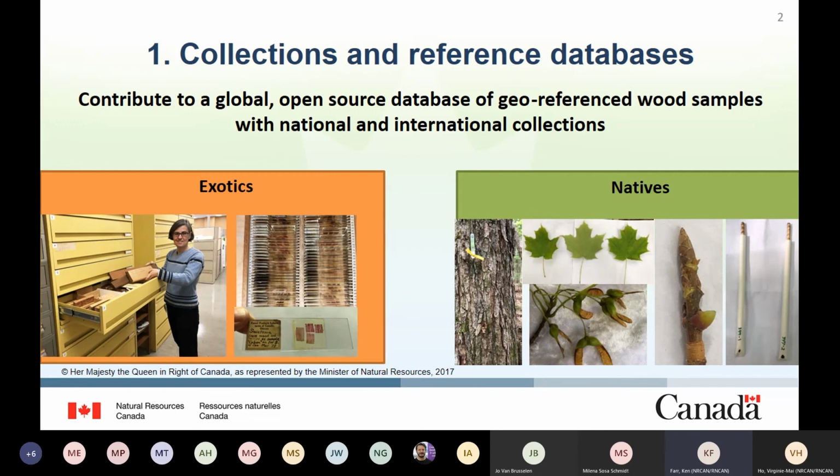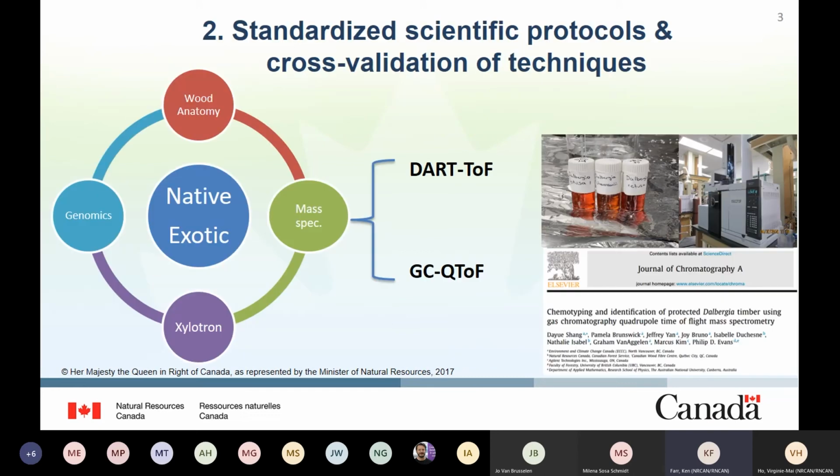So our next objective is to optimize and standardize scientific protocols along the wood ID chain within Canada and with other countries. So this includes the development of new wood identification techniques and their cross-validation. So using our native species data, we will develop standardized protocols following the testing of various types of samples and assess the impacts of wood sampling heterogeneity on chemical profiling results, such as age, location of a sampled section, and environmental signals.